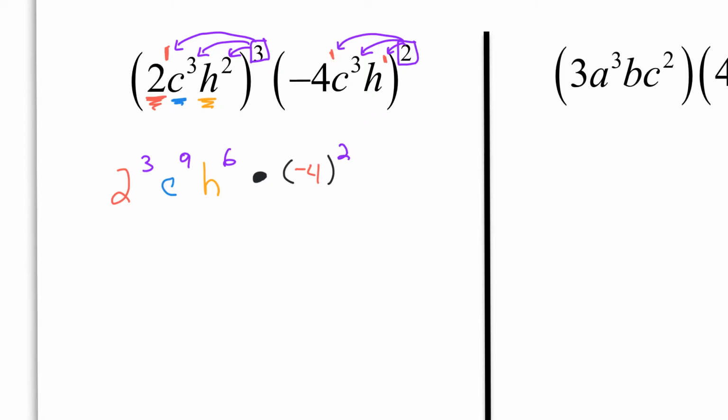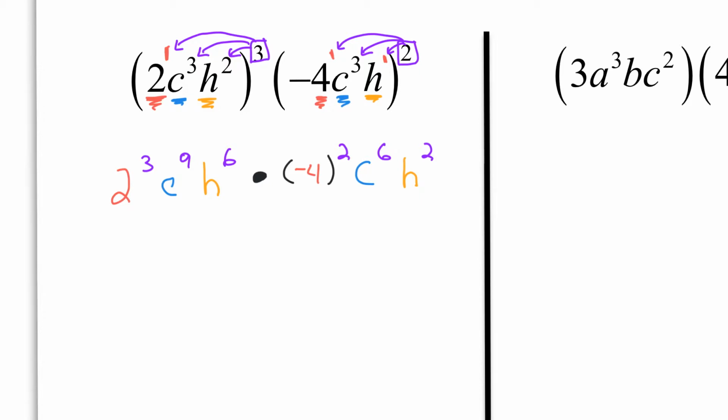So I put a 2 right there. So that's the first base for -4. The next one is c. So I'm going to put my c right there, and I'm going to multiply the exponents 2 times 3. That's going to be 6. And the next one is h. So I keep my h right here, and I multiply the exponents. 2 times 1 is 2.